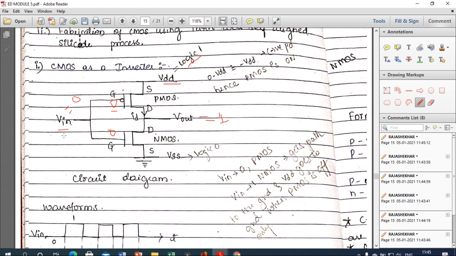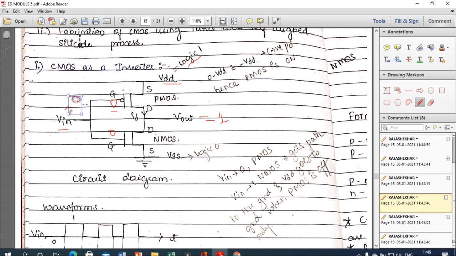Similarly, if I give the input as 1, both the gates will get 1 here. This is also 1, this is also 1. As we know, when the gate of the NMOS is provided with logic 1, NMOS will be on and PMOS will be off.